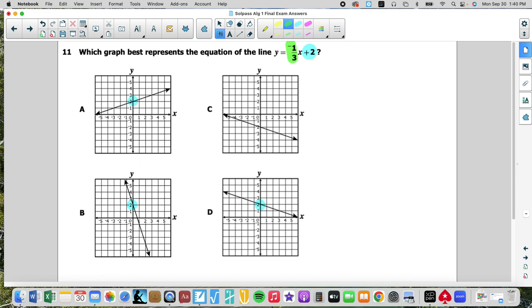Down 1, 1, 2, 3. Not it. 1, 2, down 1, right 3. 1, 2, 3. Not it. Down 1, 1, 2, 3. That's it. As fast and as easy as that. 11 would be D.